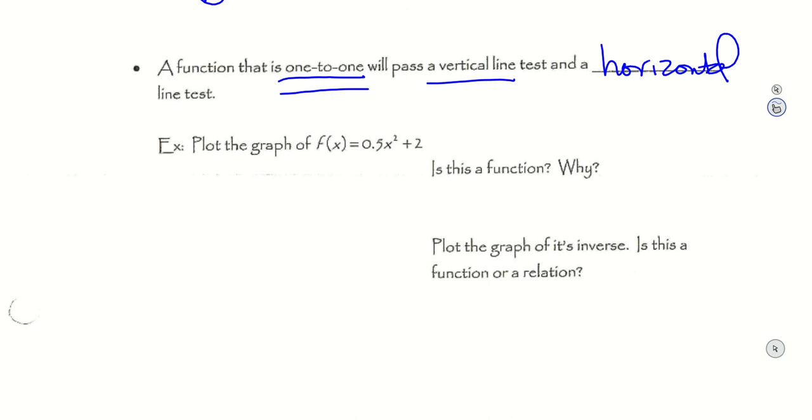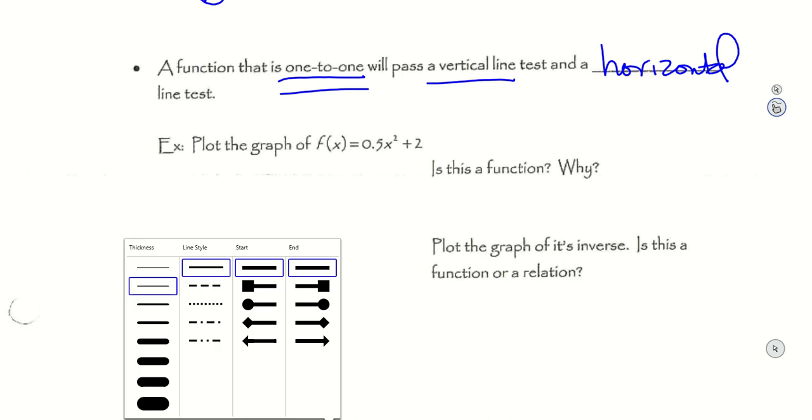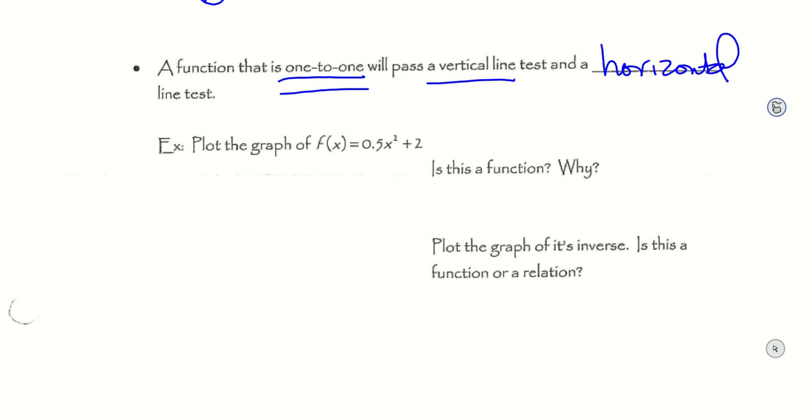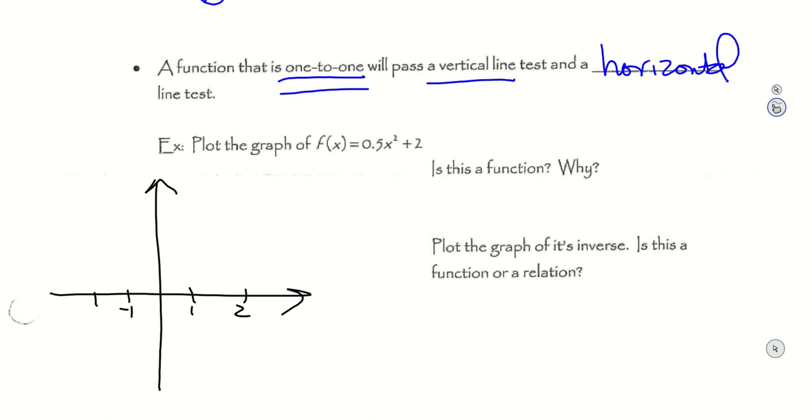So if we plot the graph of 0.5x squared plus 2, we already had some points for this, so we know we're going to have a y-axis and an x-axis. Let's make that on a scale of 1, so that's 1, 2, -1, -2, and 1, 2, 3, 4 on a scale of 1.